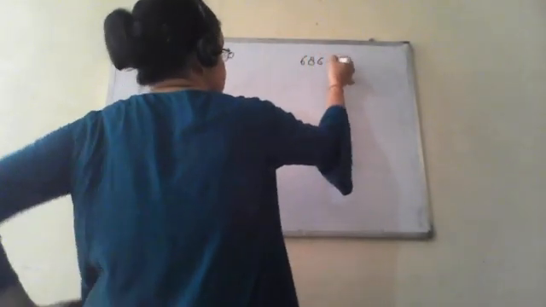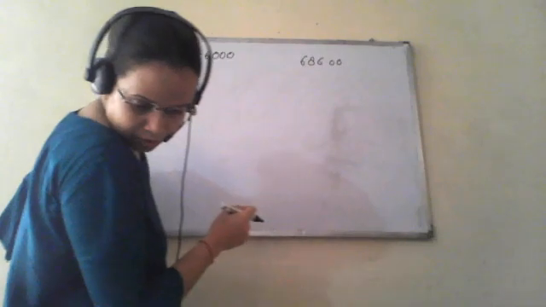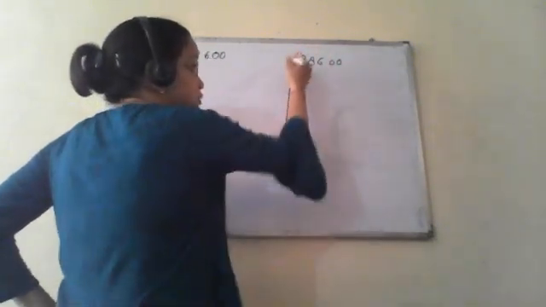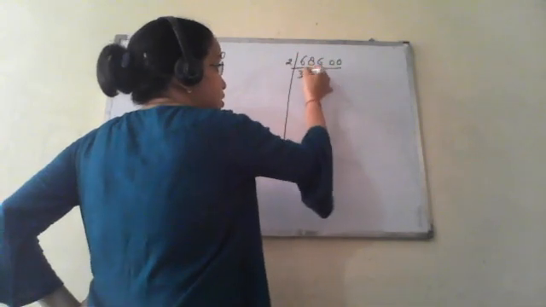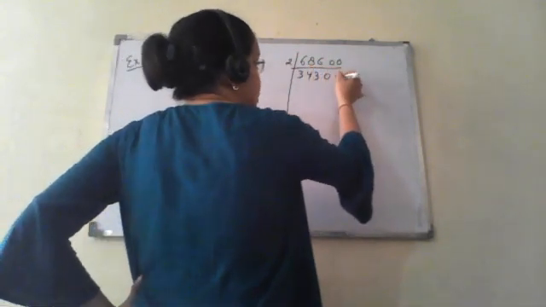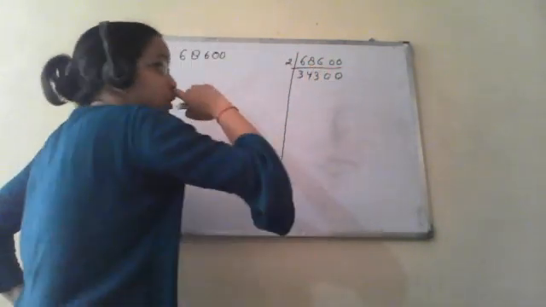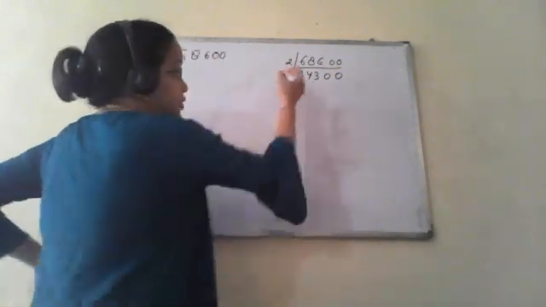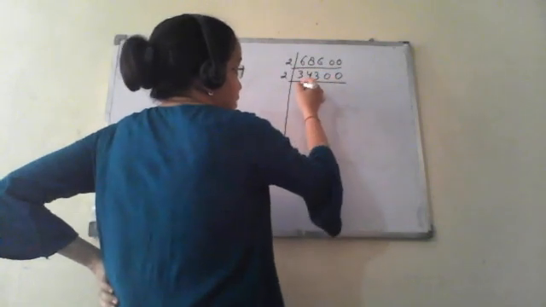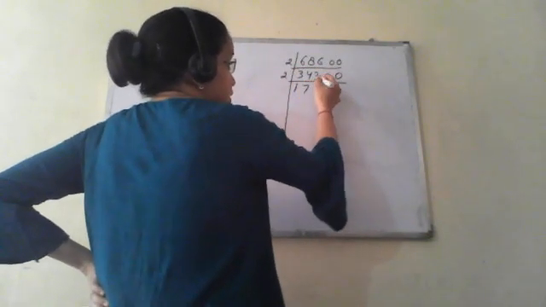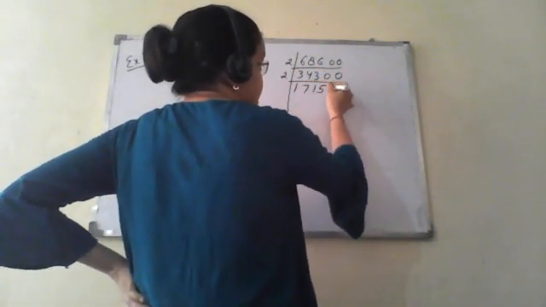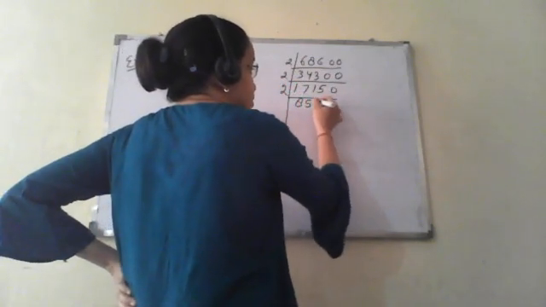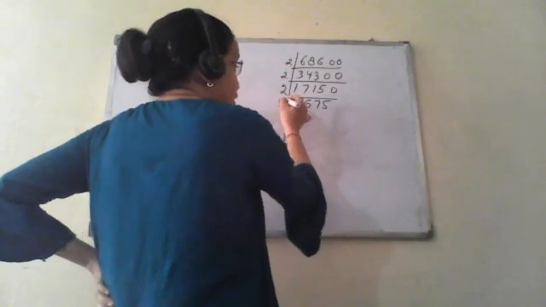This is 68600. That is 2 zeros only. Okay, so we have to do this prime factorization. This is 3430. This is 686 now. Okay. This is again 17150. This is 8575, and this is 5.